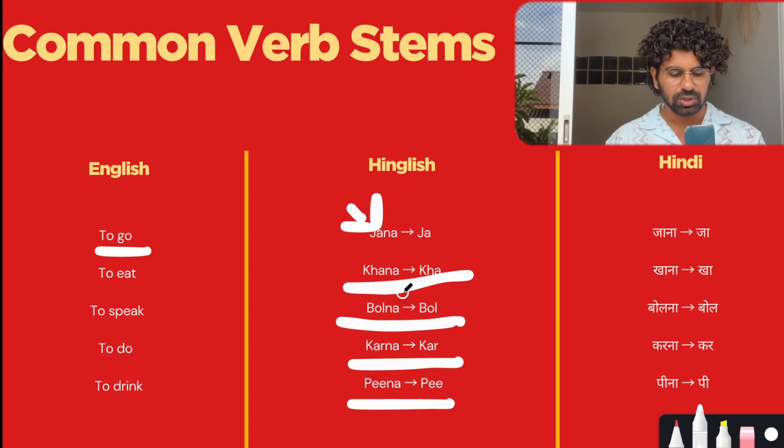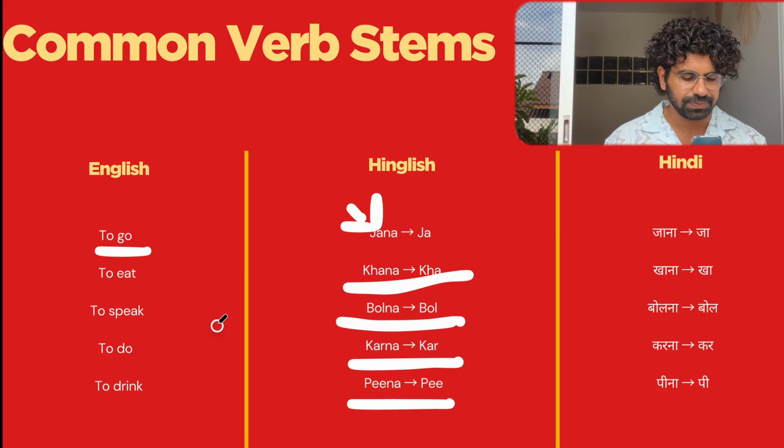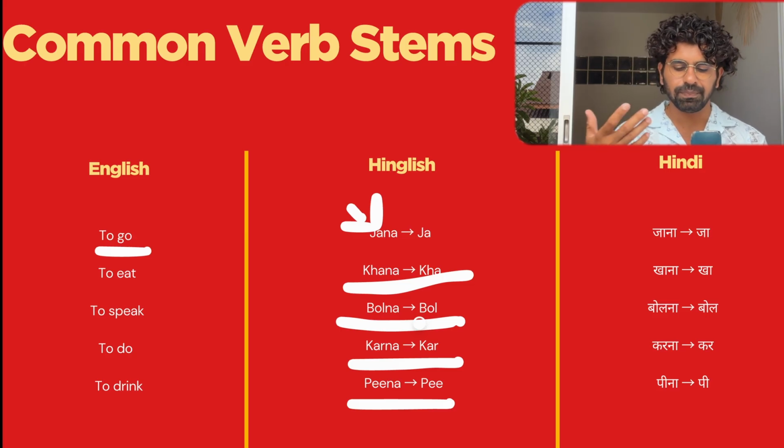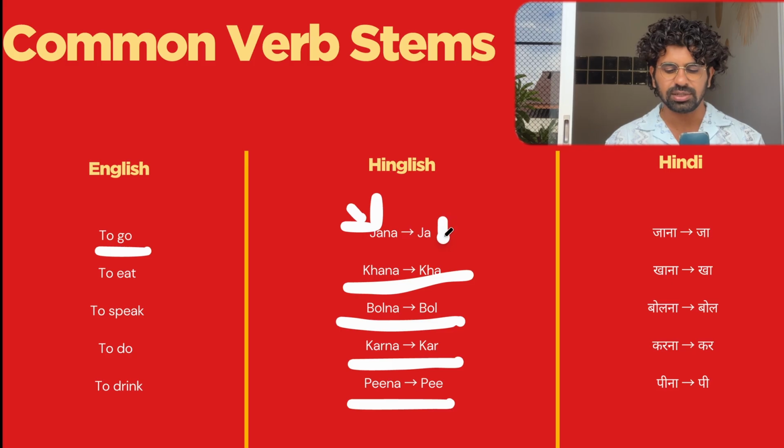Again, to eat is khana, that will become kha. To speak is bolna, and that will become bol. To do is karna, and that will become kar. To drink is pina, and that will become pi. As you can see, jana just becomes ja, then kha, bol, kar, pi.